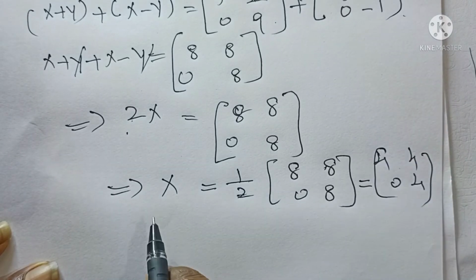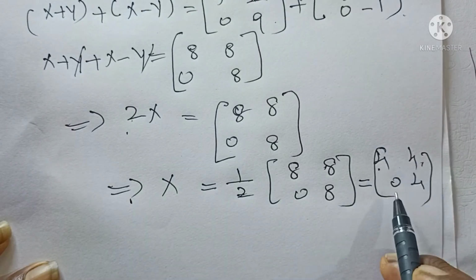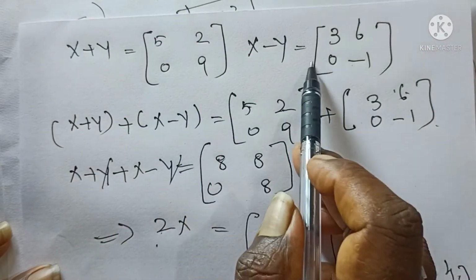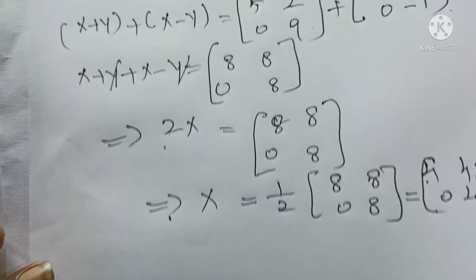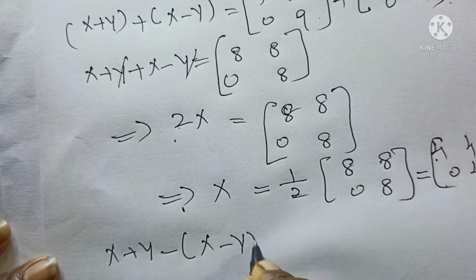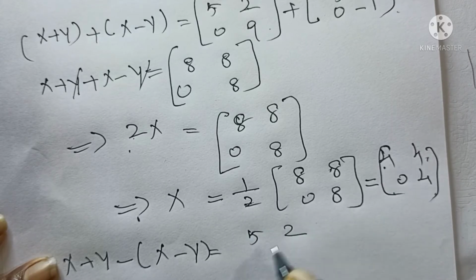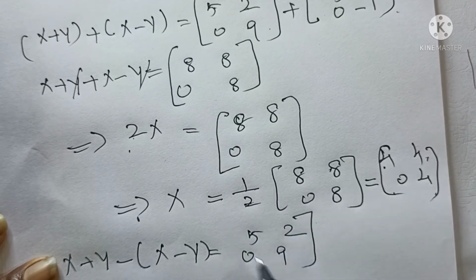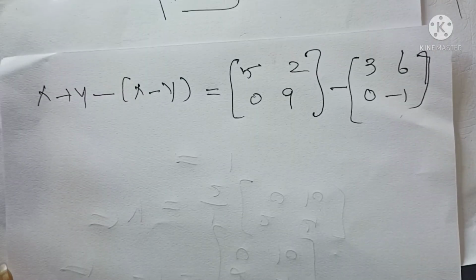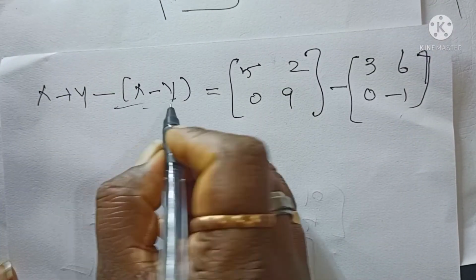So what is the value of x? 4,0,4. Then we have to subtract this one from this. So x plus y minus x minus y is equal to 5,2,0,9 minus 3,6,0 minus. So you have to change this bracket.